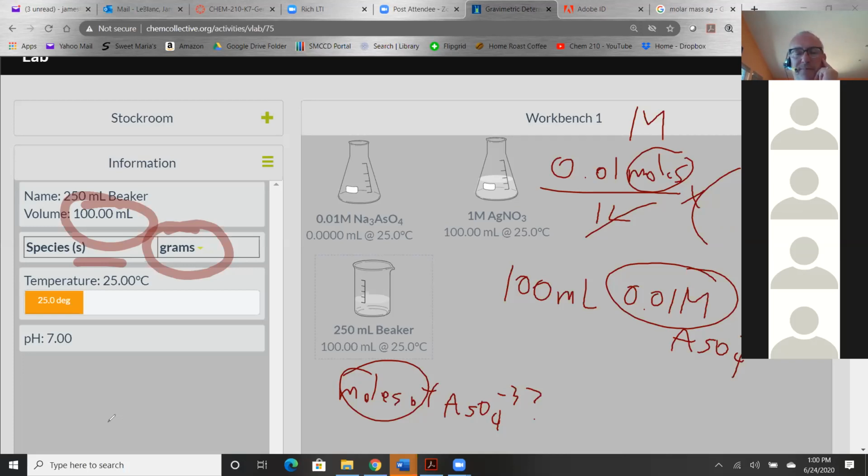Remember, I need to be left with moles at the end. I'll give you a hint. It involves this number. 1 liter over 1,000 milliliters. Then that's just volume over volume, so that would be a unitless number, and I'll still be left with moles over liters.